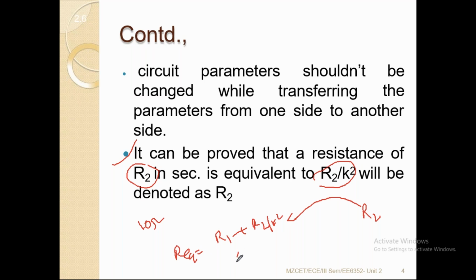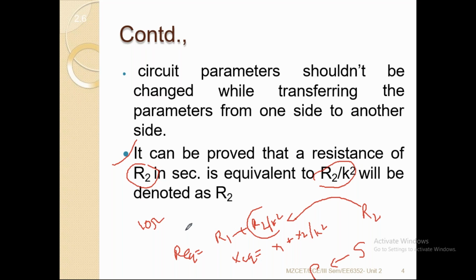At the same time, the equivalent reactance is Xeq equal to X1 plus X2 divided by K square. These are the equations when shifting from secondary to primary. I will show you how they are obtained, and why we use R2 by K square. It has a derivation, so I will show you. This is the formula when the secondary resistance is shifted to the primary.